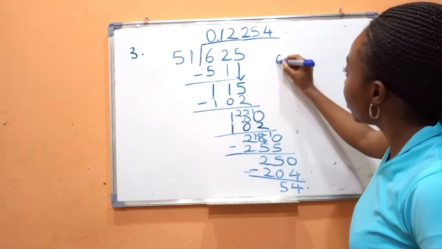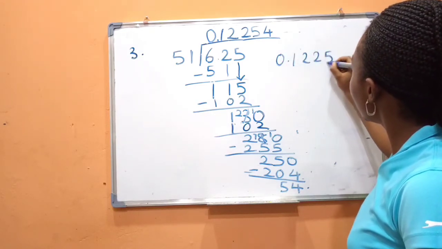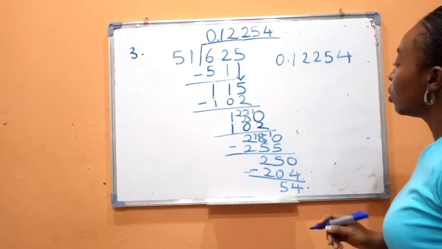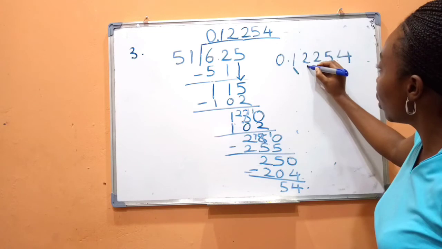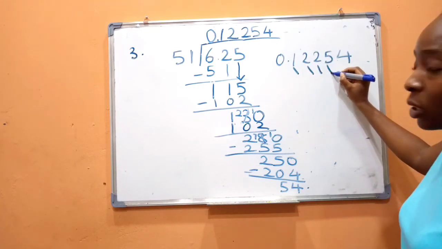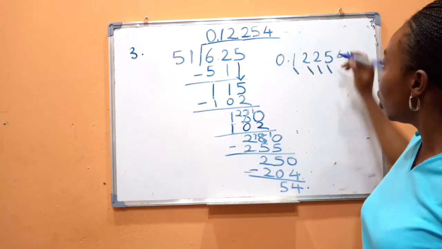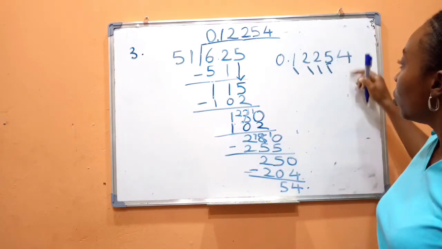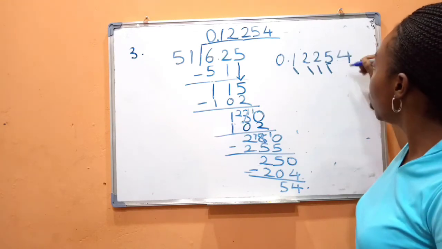We are going to have 0.1. So this is going to be the first decimal place, the second decimal place, the third decimal place, and the fourth decimal place. Remember, we are approximating it to 4 decimal places. Now that we've gotten to the fourth number, we are going to take a look at the number immediately after the fourth number, which is 4.